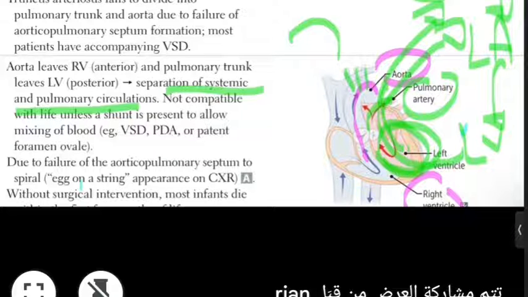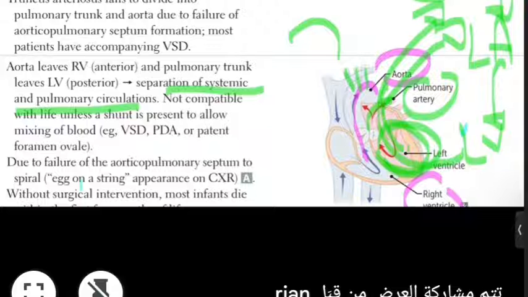And again, this deoxygenated blood will not go to the lung, okay? Because we don't have a pulmonary artery in the right ventricle. It will continue: the same deoxygenated blood will go to the body again through the aorta.